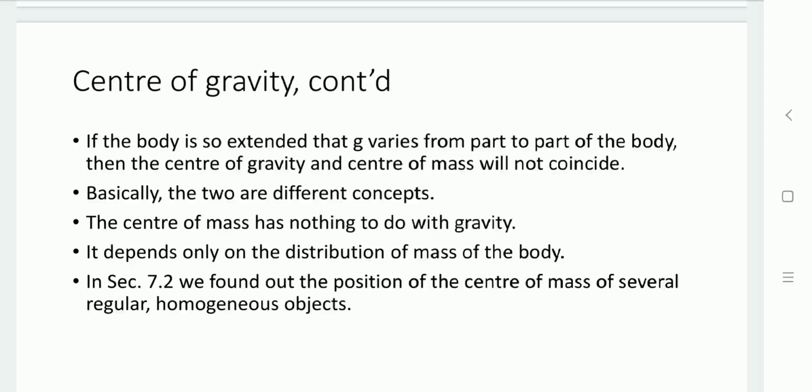So here two different concepts are there. The center of mass has nothing to do with gravity. It depends only on the distribution of the mass of the body. The position of the center of mass can be derived for regular and homogeneous objects, which we have already discussed earlier.